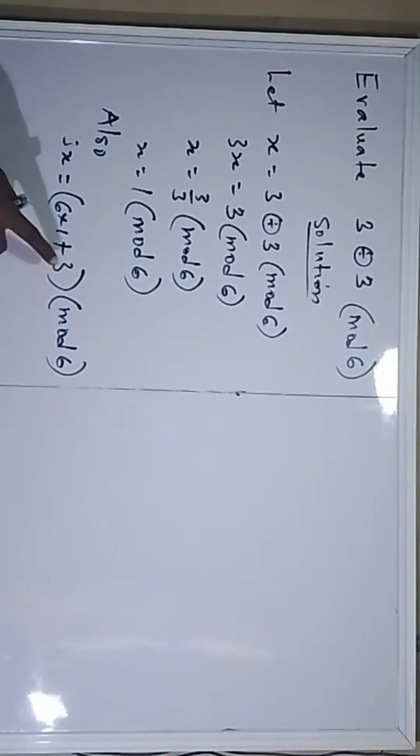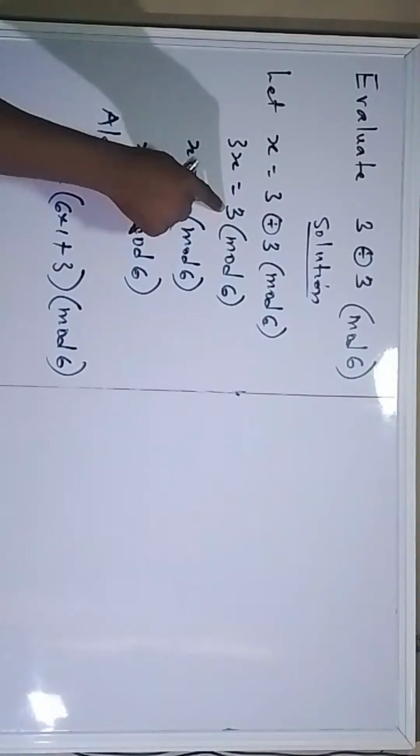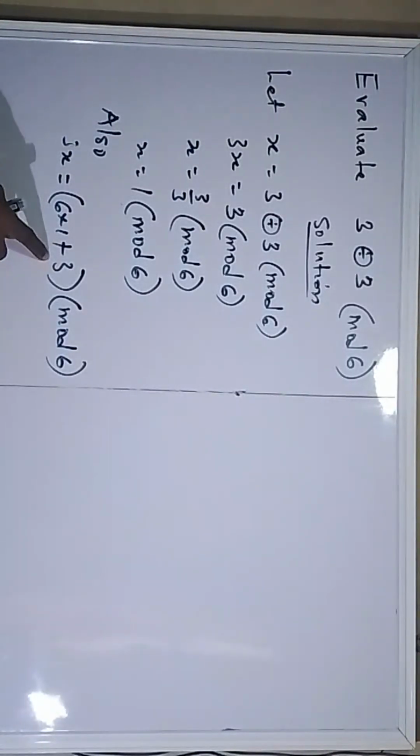I have added 6 to this, and it does not change the fact that it's still 3. The number of moduli that I add to the number here does not change the fact that it's still 3. So we have 3x equals, now 6 times 1 is 6 plus 3, that gives you 9 in mod 6.